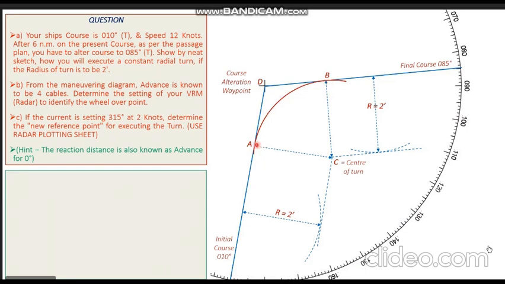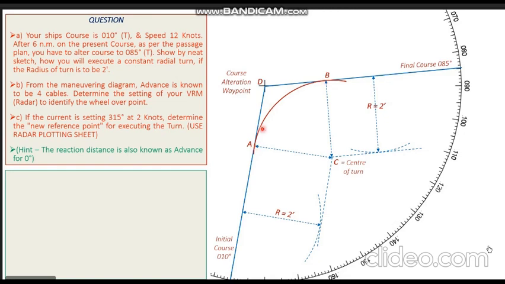Now the points where this arc touches my initial course, let's name that as point A. And the point where this arc touches my final course, let's name that point as point B, Bravo. So we can see Alpha and Bravo coming up on the screen.